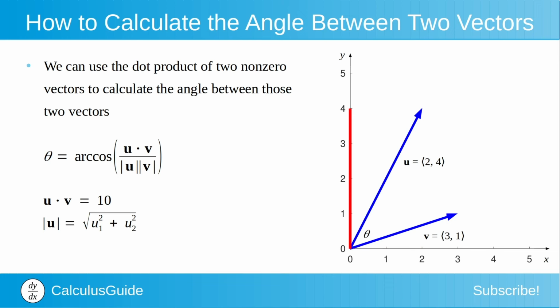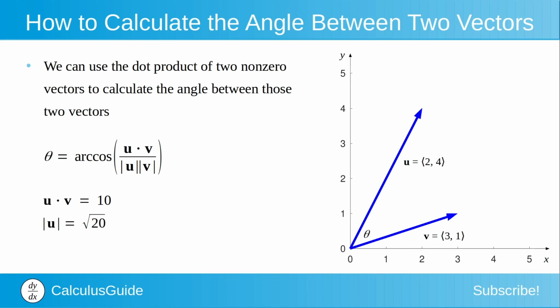Substituting these values in, we have the square root of 2 squared plus 4 squared. 2 squared is equal to 4, 4 squared is equal to 16, and 4 plus 16 is equal to 20. So we've calculated that the length of the vector u is equal to the square root of 20.